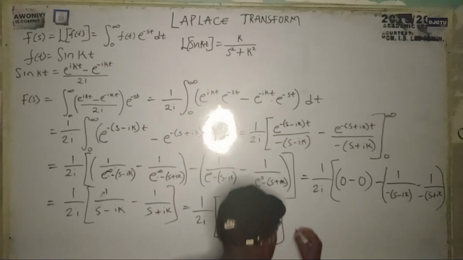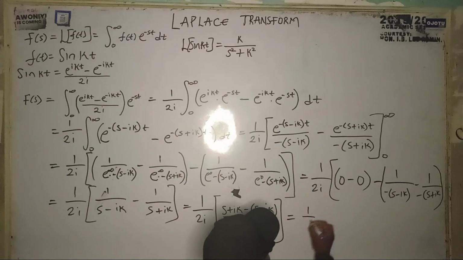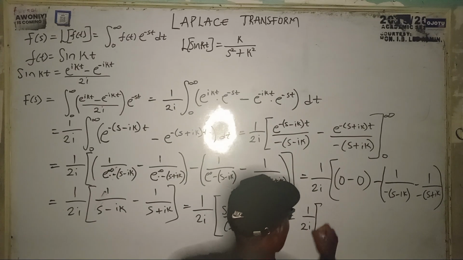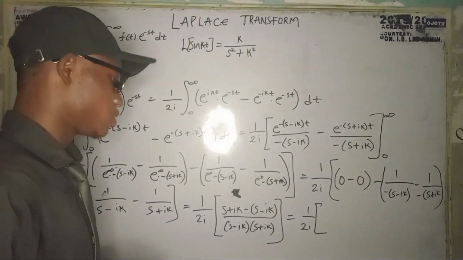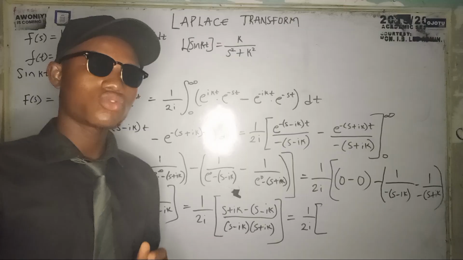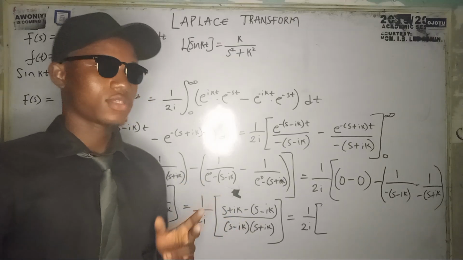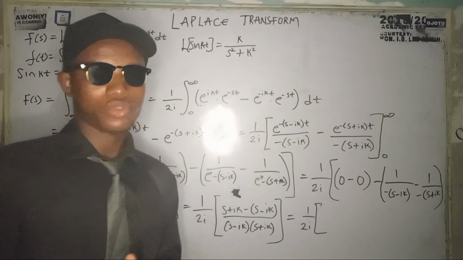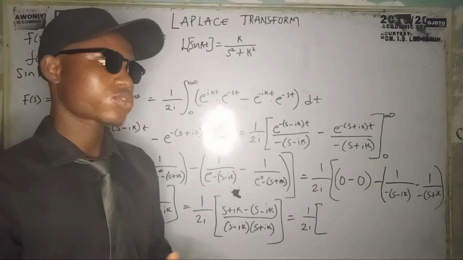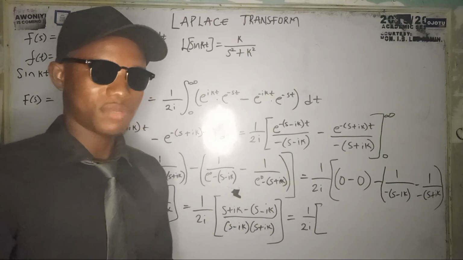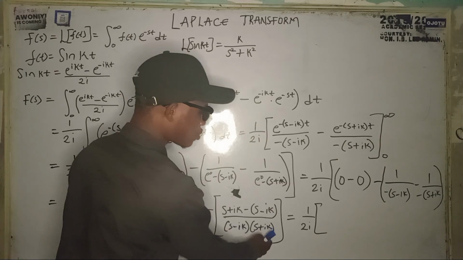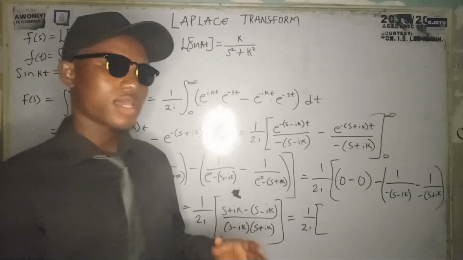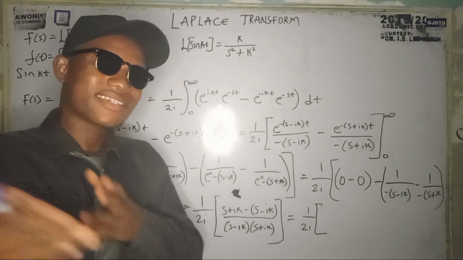Simplifying it, we have 1 over 2i. First of all, we have to look at something here. There is something in maths called the difference of two squares. As long as we have a square minus b square, the difference of two squares is going to give us a plus b times a minus b. So we can see that pattern here. We have s minus ik times s plus ik, which is the same thing as s square minus ik square.